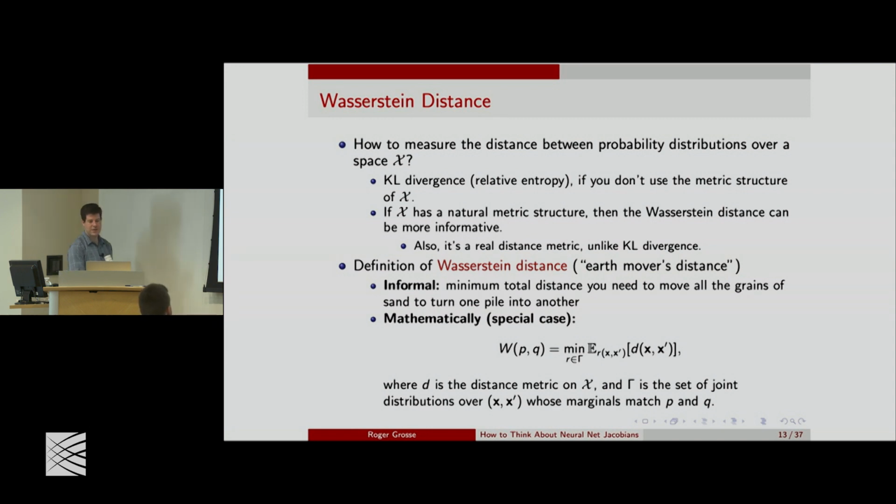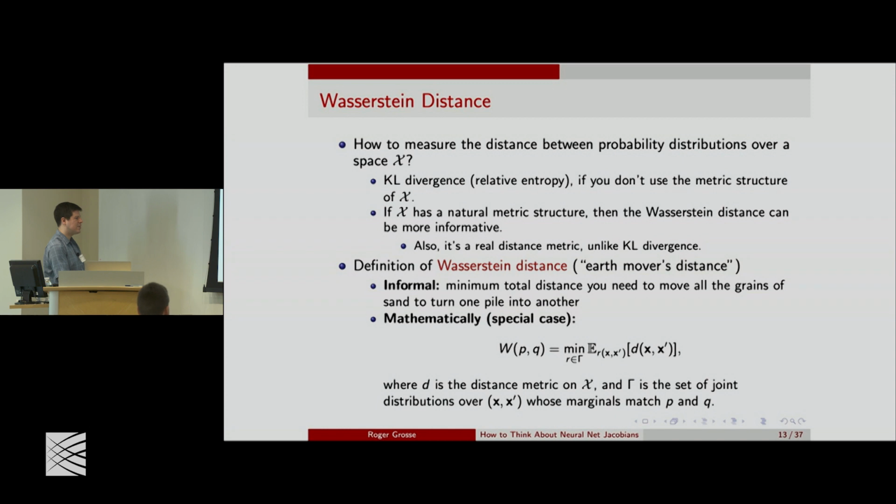That's a particular optimization problem, and mathematically, the definition can be kind of confusing to parse, but the Wasserstein distance between two distributions P and Q is the minimum over joint distributions R over the set gamma, which is the set of distributions whose marginals over the two values are consistent with P and Q respectively.